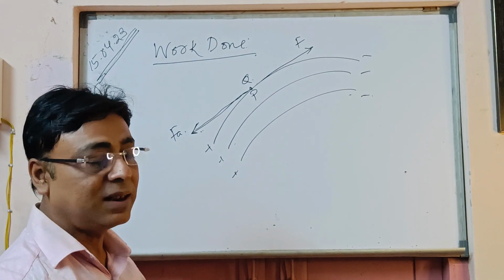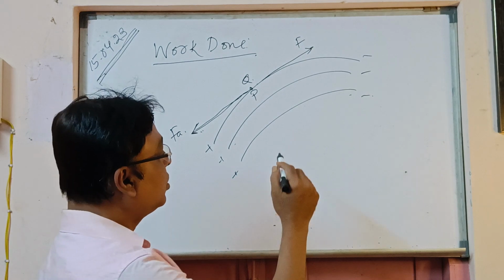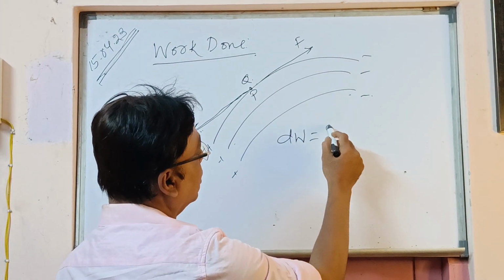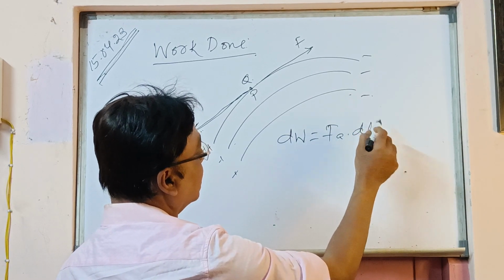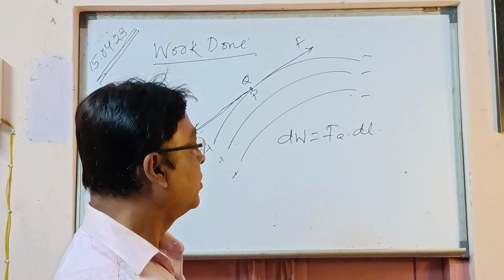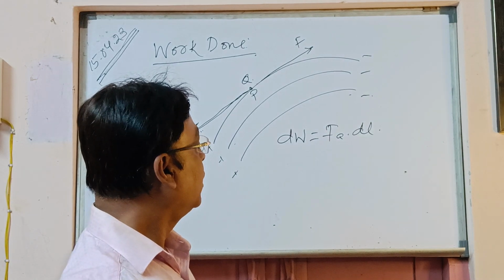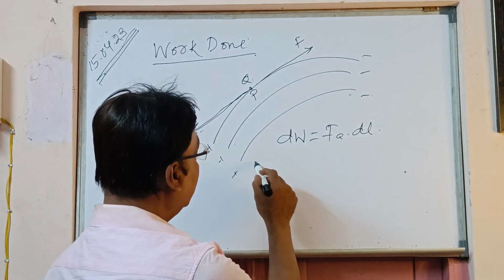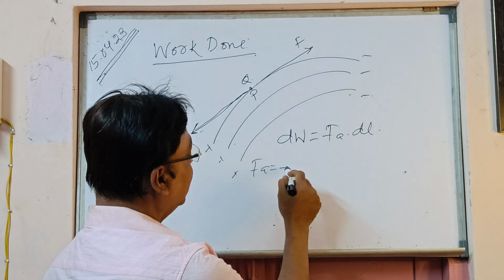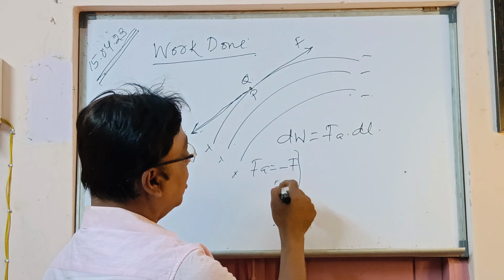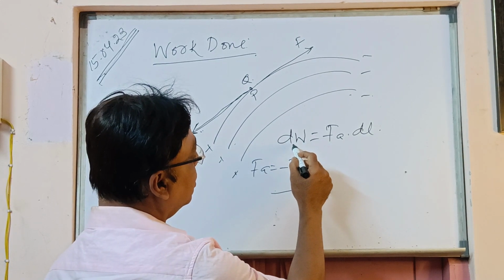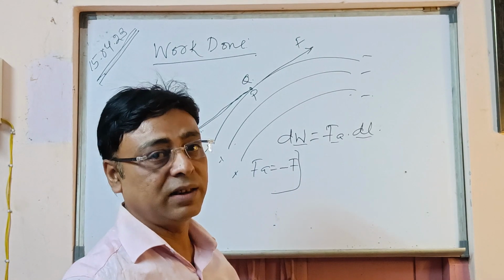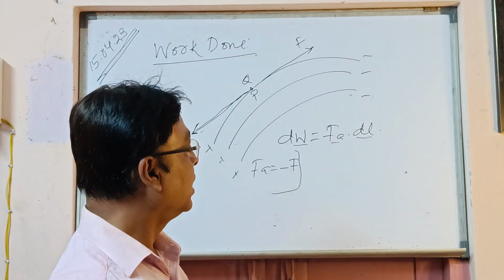Now suppose dl is the distance moved from A to B. So dW is equal to Fa·dl. Now we know that Fa is nothing but minus F. So dW is equal to Fa·dl, because work done is a scalar quantity.